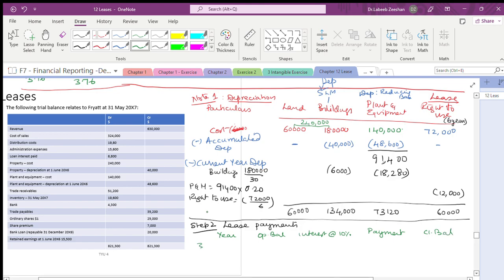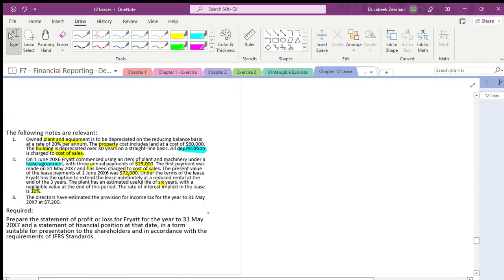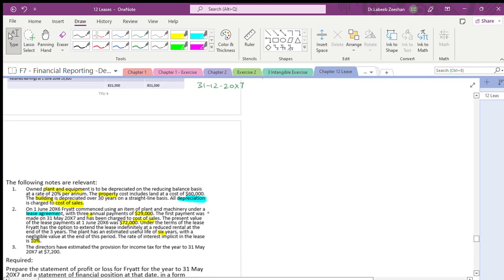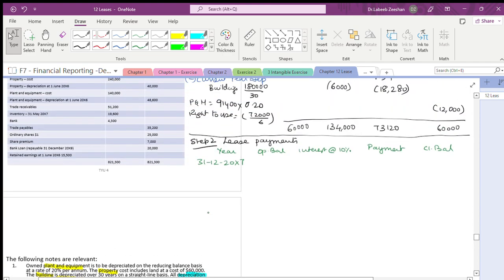31/12/2007. Okay, just correct it. I'm just putting it on that basis. How much is the opening balance? 72,000.